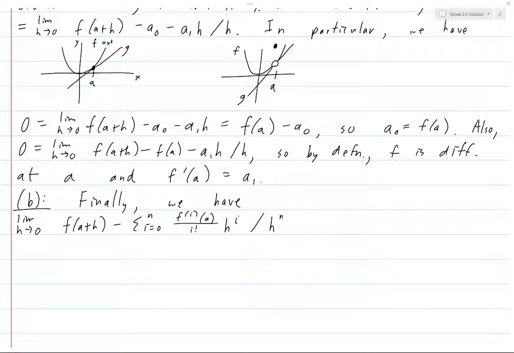So I suppose this would be best done as an induction argument, but you can prove that you can use L'Hopital's rule continuously because this will be of the form 0 over 0.